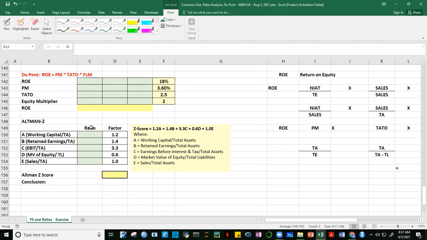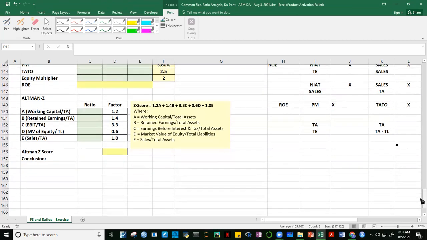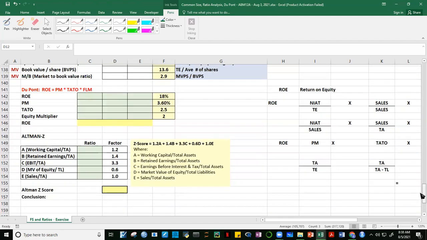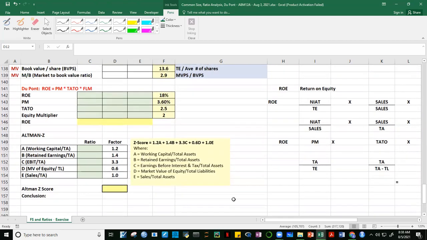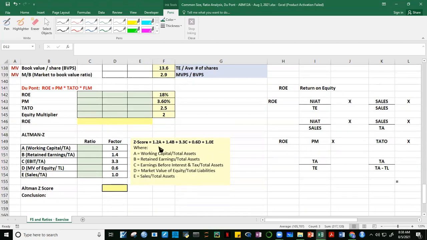So this is a bankruptcy tool. So you just use these ratios. Notice that it makes use of ratios.